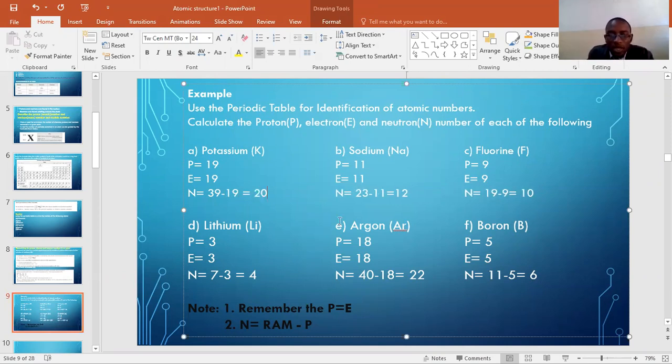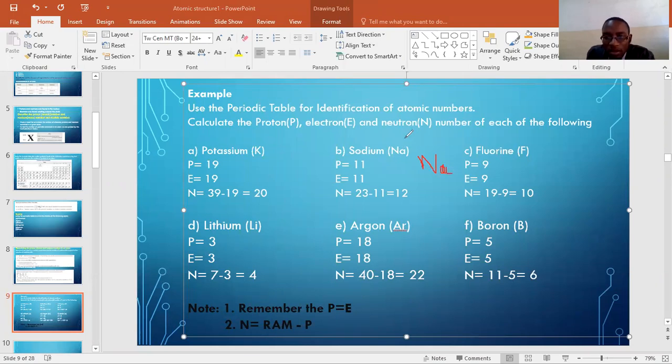Clear? Then what about sodium? When you look at sodium, sodium is N, capital N, small letter a.